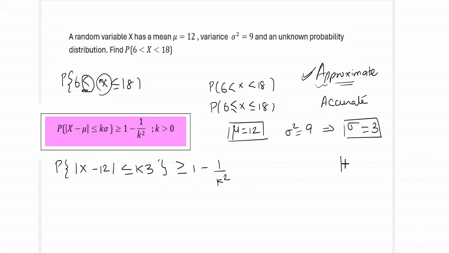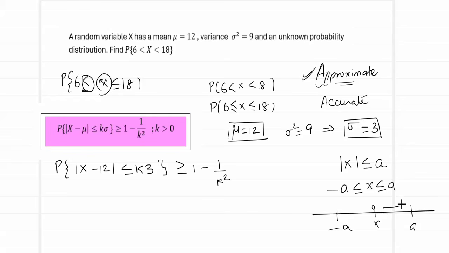Keep in mind that whenever we have mod x less than or equal to a, you can just expand it as minus a less than or equal to x less than or equal to a, which means that on the number line which varies from minus a to a, my x can take values in the positive range as well as the negative range, up to the limit of a and minus a.